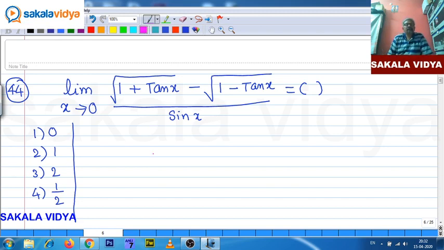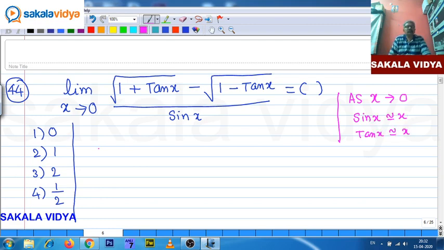Now, limit x tends to 0, root of 1 plus tan x minus root of 1 minus tan x upon sin x. Here you remember the conditions: as x approaches 0, sin x is approximately equal to x, and tan x is also approximately equal to x.